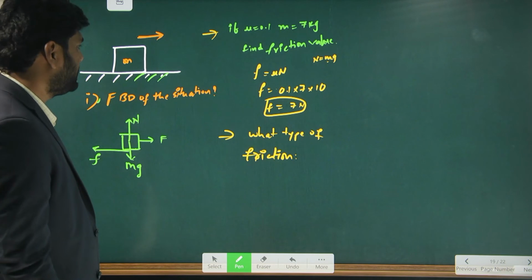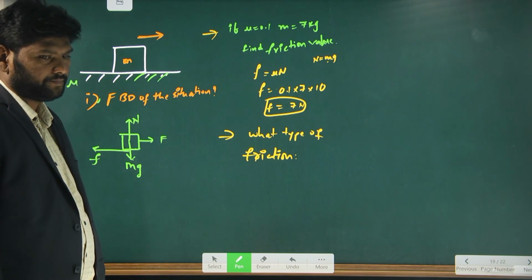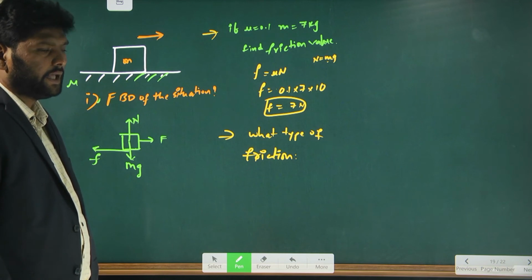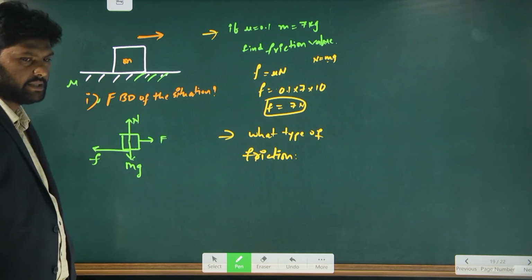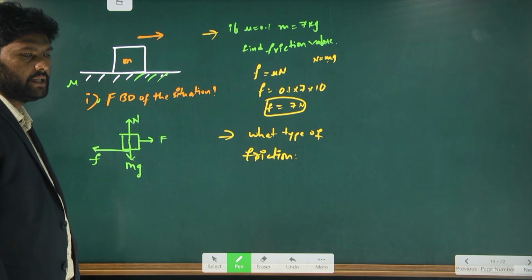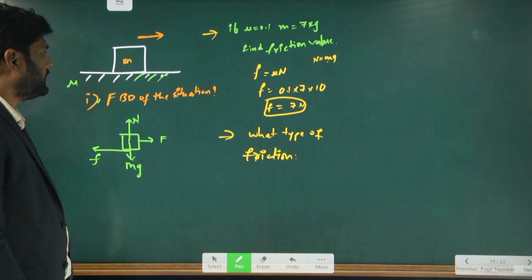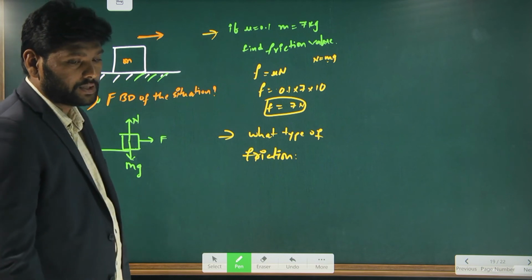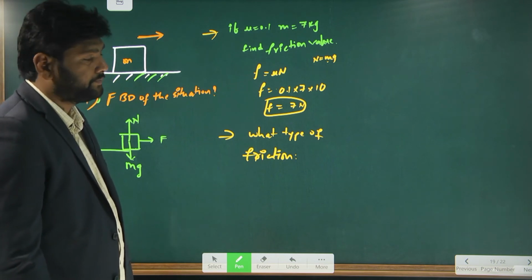Why kinetic? The object is sliding on the surface. When the object is sliding on the surface, the kind of friction acting on the body is sliding friction or kinetic friction. Understand?